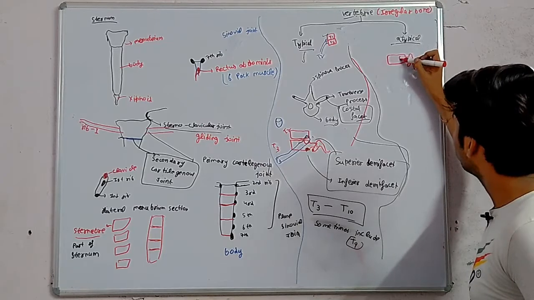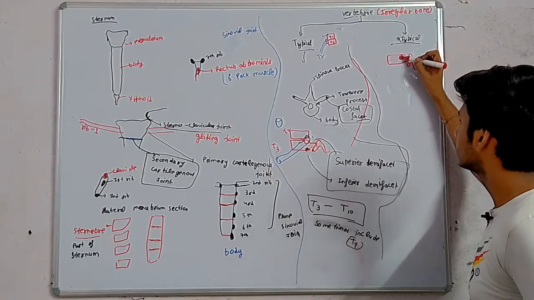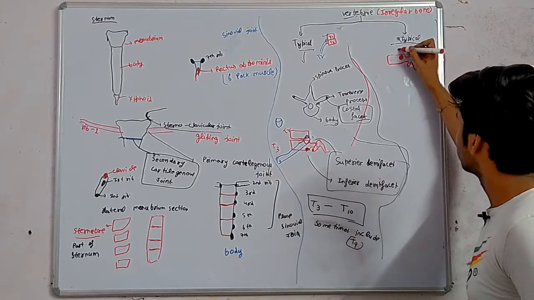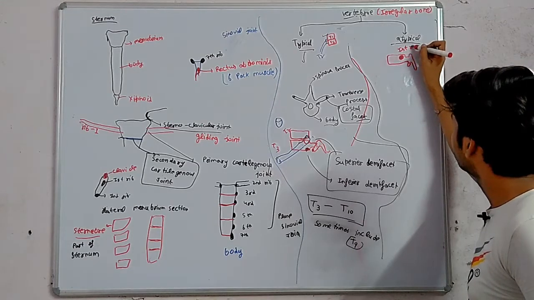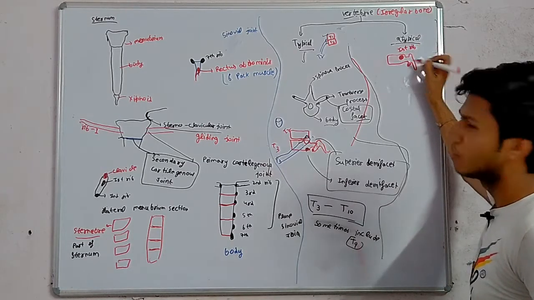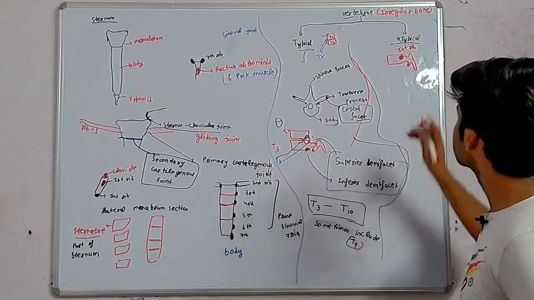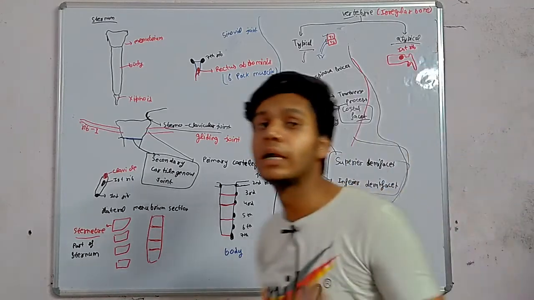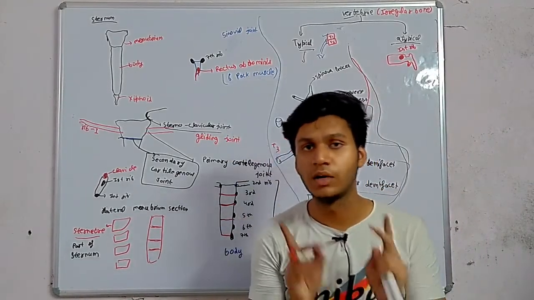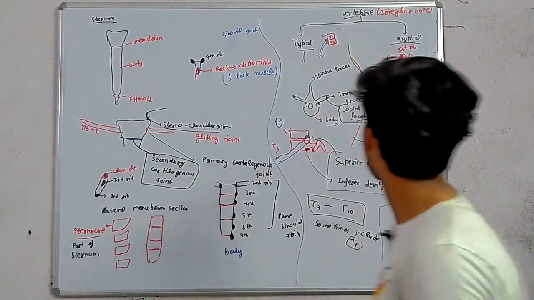It contains a complete facet for the first rib. Done. And costal facets are also present. So this is the atypical feature. Otherwise, typical vertebrae contain two demifacets, but this contains a single facet.